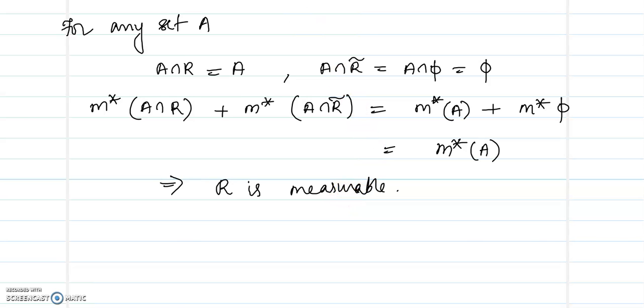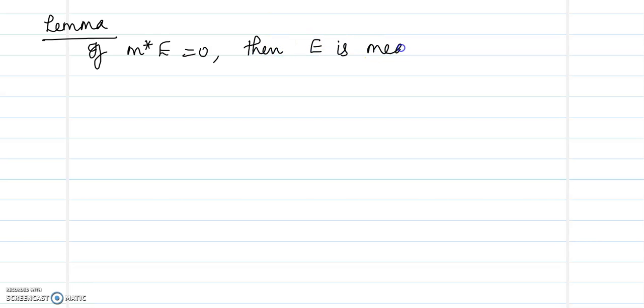And let us look at a lemma. If m star E is equal to 0, then E is measurable. We need to show that if you have a set E such that its outer measure is 0, then E is measurable.